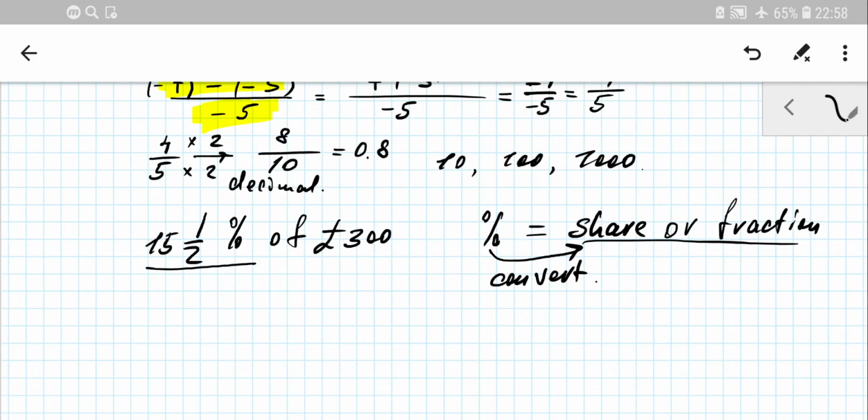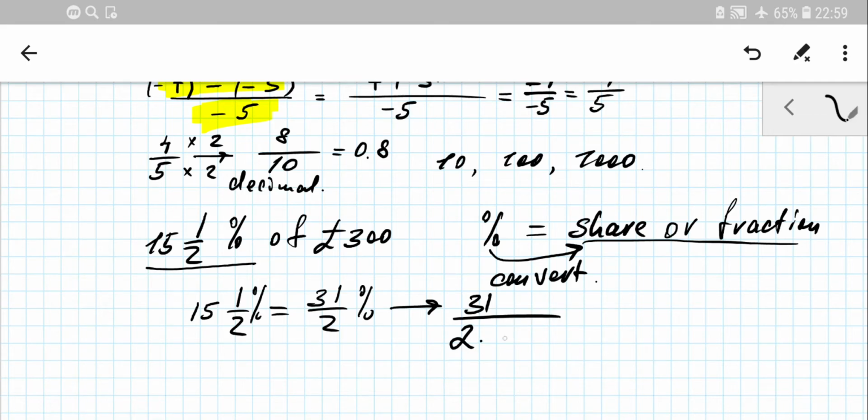How to convert? You simply take 15 and 1 over half. You first convert it into a normal fraction. That's 31 over 2. And because this is still a percentage, in order to convert into a fraction, you need to divide by 100.